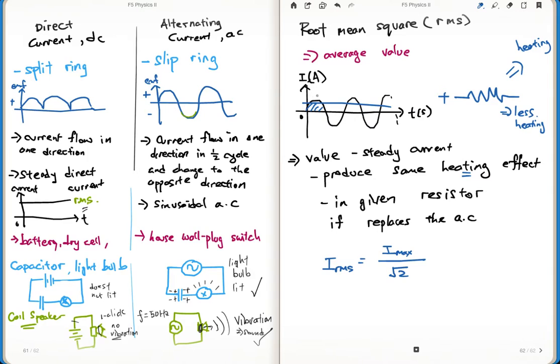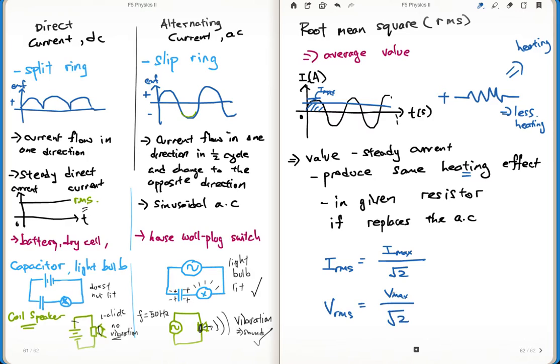Imax is the maximum, this value. The same goes with your VRMS. That would be your V maximum divided by root 2. This is how you find out the RMS value.